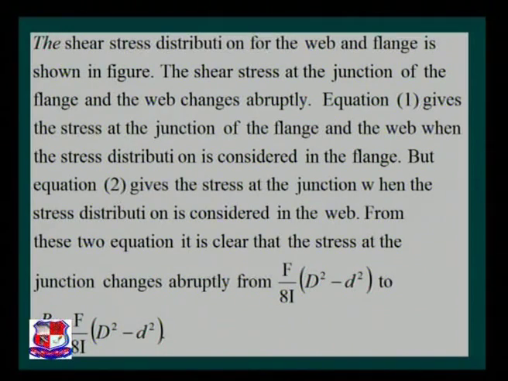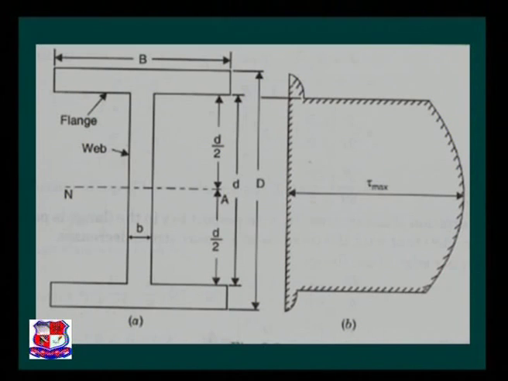The same thing is expressed over here, that the shear stress at the junction of the flange and the web changes abruptly, and that abruptly means from F by 8I bracket capital D square minus small d square, to capital B by small b, bracket F by 8I, D square minus d square. And this is my shear stress distribution diagram for the I section.